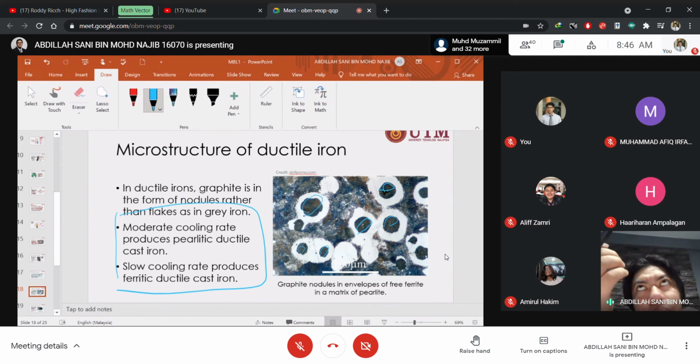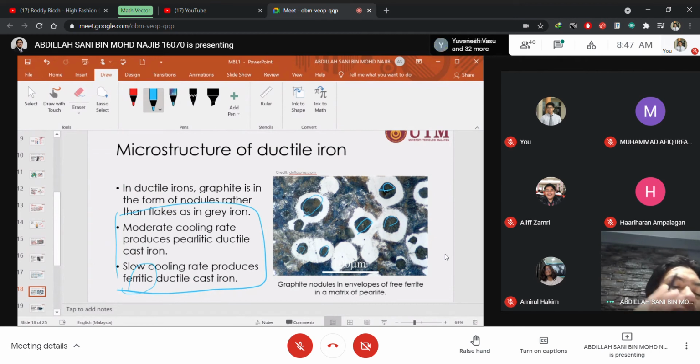So when we have enough time and diffusion to occur, instead of forming the cementite, the remaining carbon in the austenite diffuses out to combine with the graphite, leaving only ferrite.